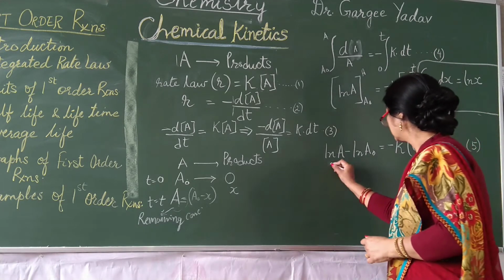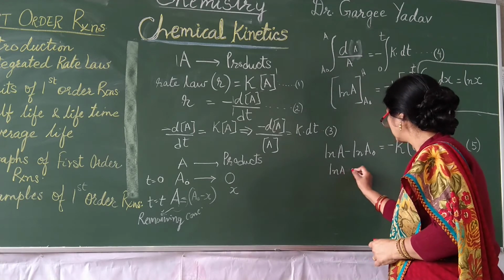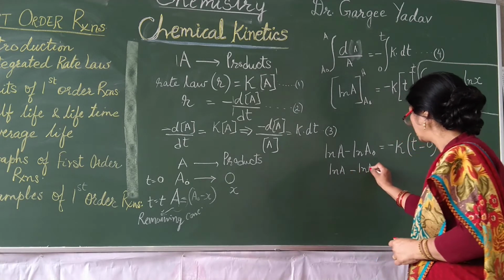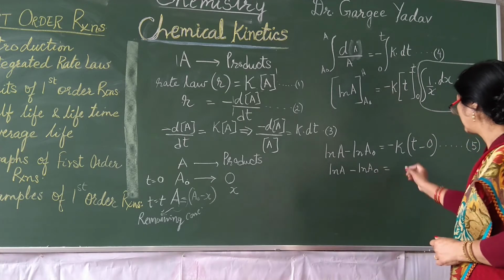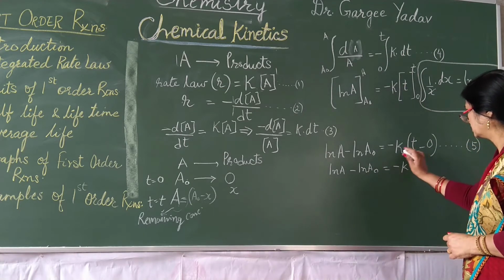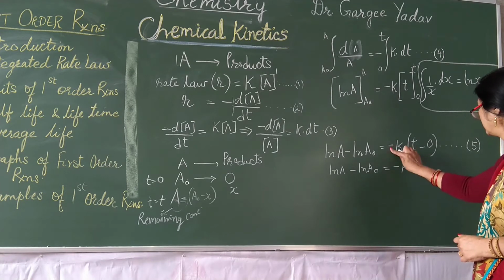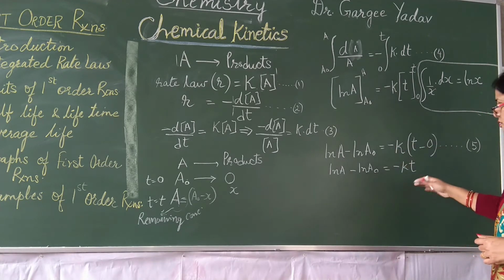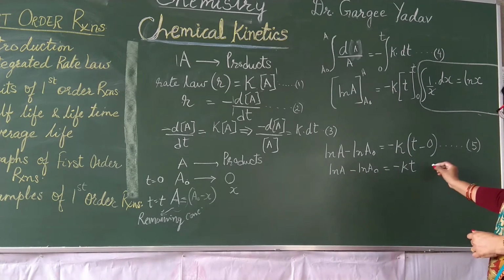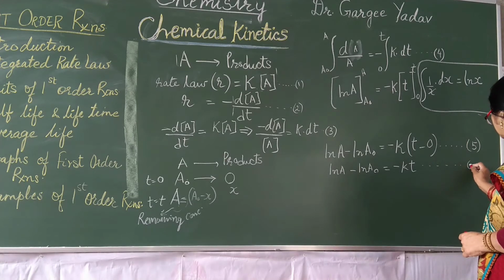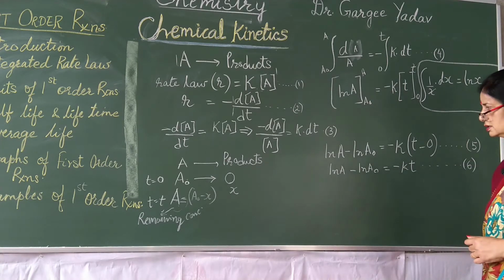If we calculate it, this comes out to be log natural A minus log natural A0 equal to minus K multiplied by t, and the minus 0 term will vanish, so let's ignore it. This will be our equation number 6.